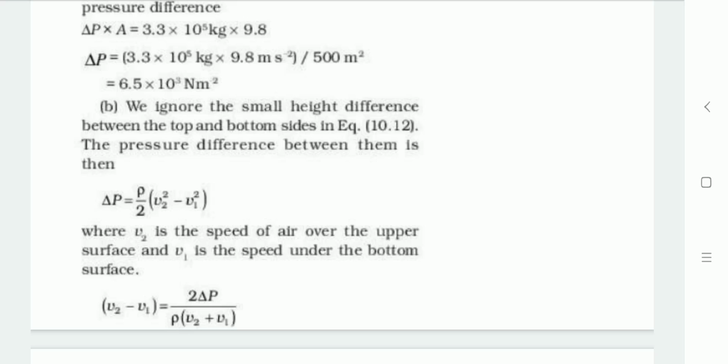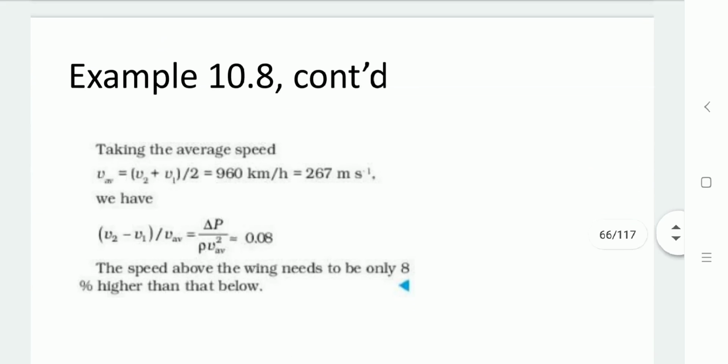Take the average speed, that is (V2 + V1)/2, and that average speed is given as 960 km per hour. We can convert this into meter per second, which is 267 meter per second.